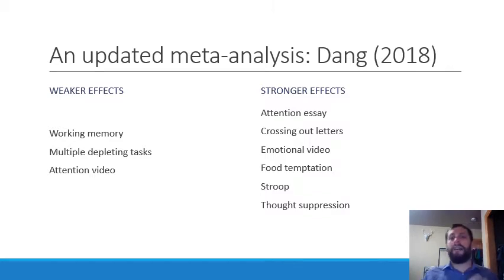However, if we get into some other things that are a little bit more cognitively demanding tasks, such as the attention essay, crossing out letters, the food temptation, so the radishes and the cookies and so forth, these seem to be slightly stronger effects overall.